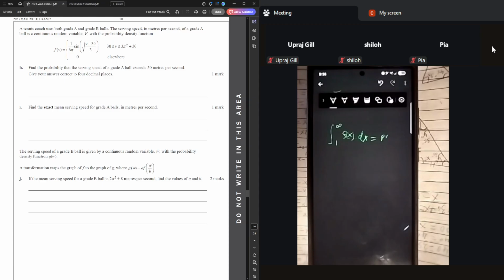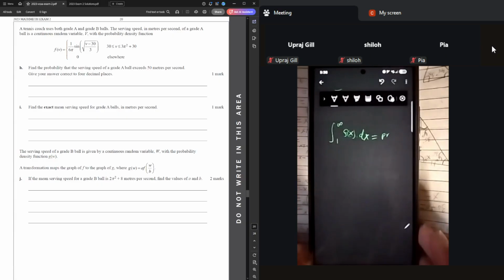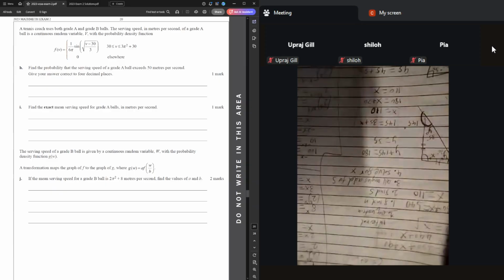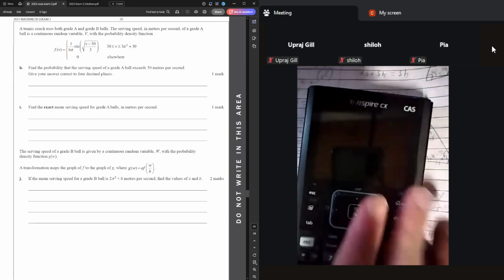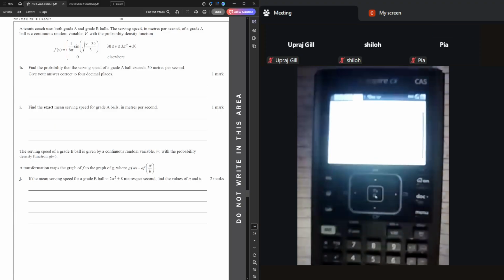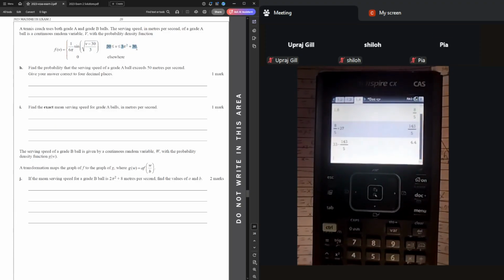Yeah, that's going to be one of the terms. That's correct. Yeah. What's the other one going to be? 30. Well, that's the full domain. So from 30 all the way to 3 pi squared plus 30, that's the full domain.